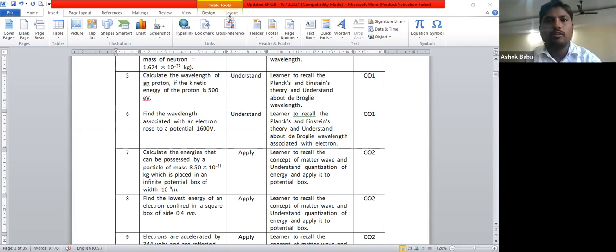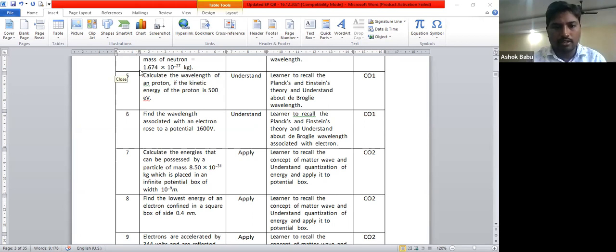By substituting n equals 2, we get the first excited state, and by substituting n equals 3, we get the second excited state. So the relation is E1 is to E2 is to E3 equals 1 is to 4 is to 9, and so on. Using that relation, all of you try to find at least 3 energies.